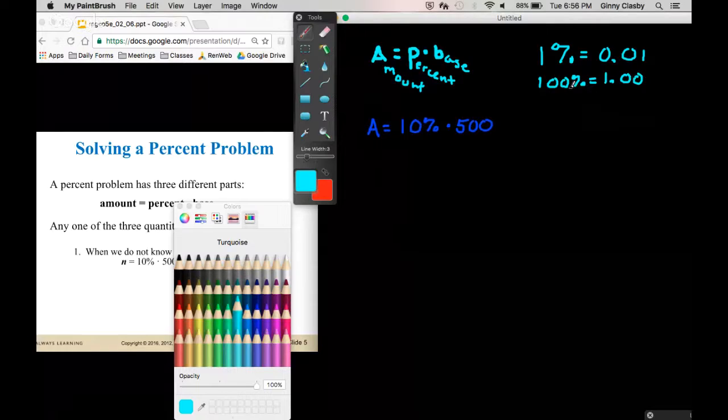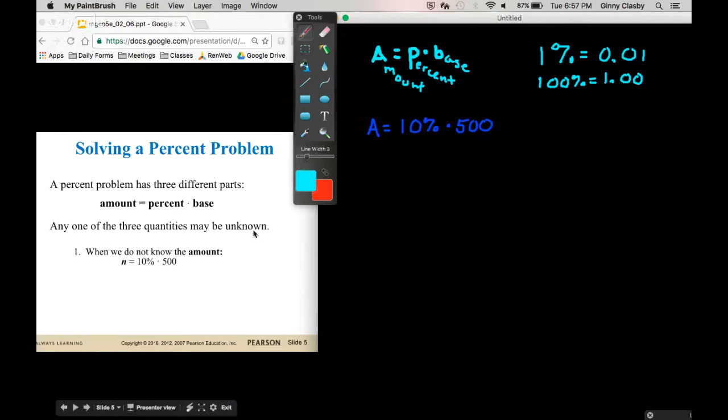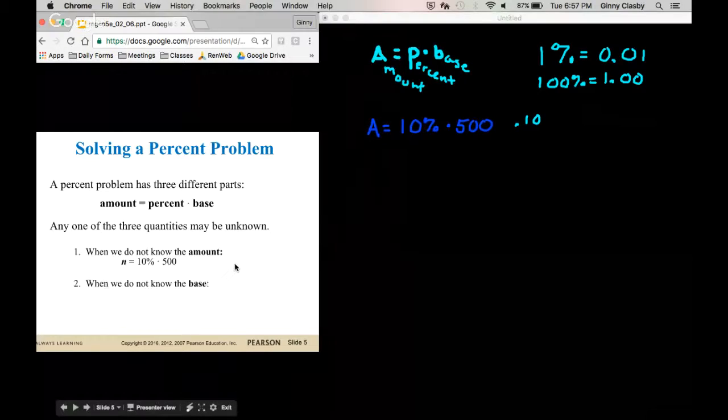So anytime you have a percent, you're going to be dividing it by 100 and moving that decimal point over two spots to turn it into a decimal. So make sure when you're solving for percentages, you don't multiply by 10. In this case, you would be multiplying by 0.1 or 0.10 for that 10%.